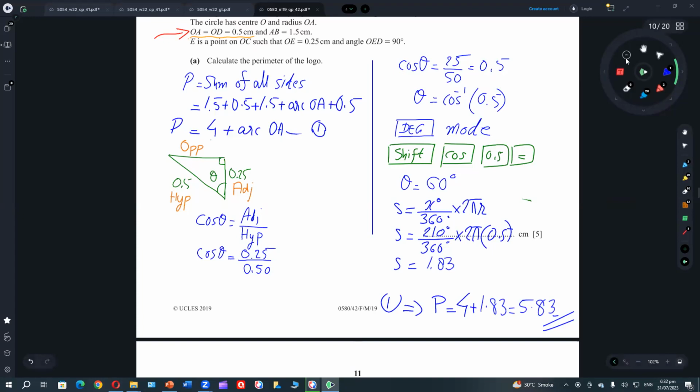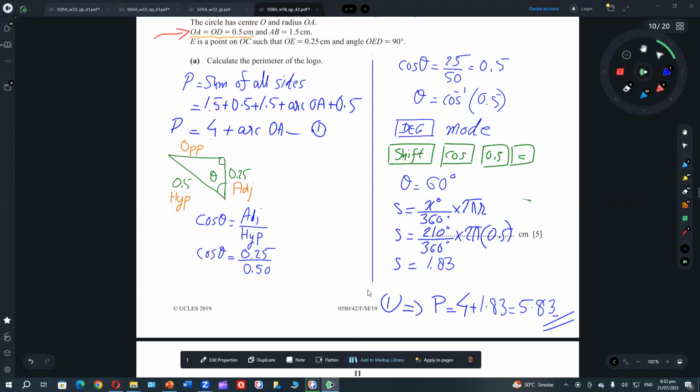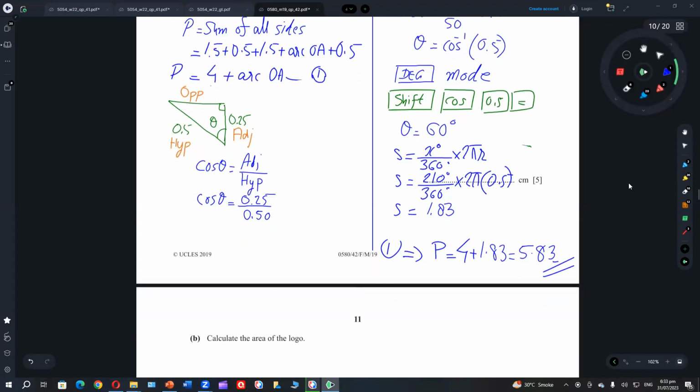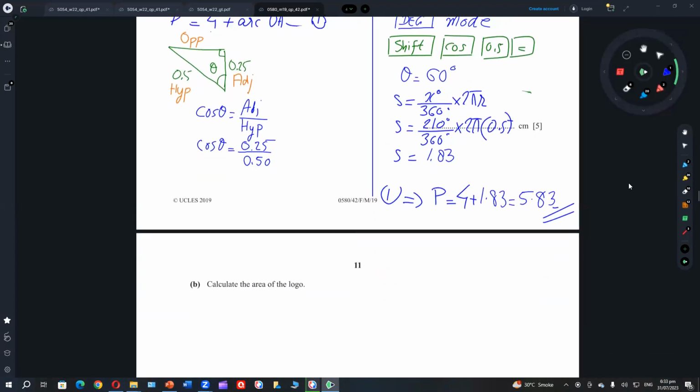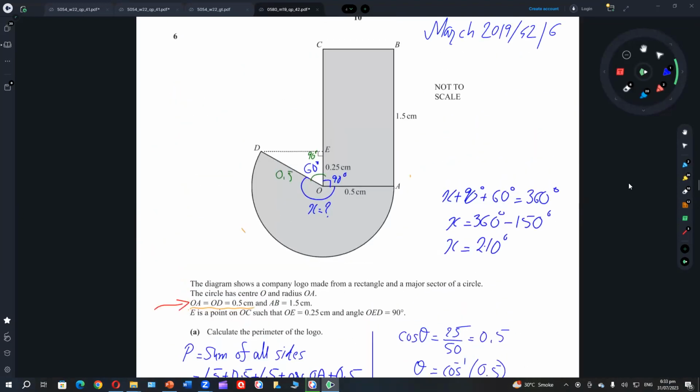Now look at this calculation, complete it. He says find the area of the logo. This area means it has a rectangle. The diagram shows it has a rectangle.